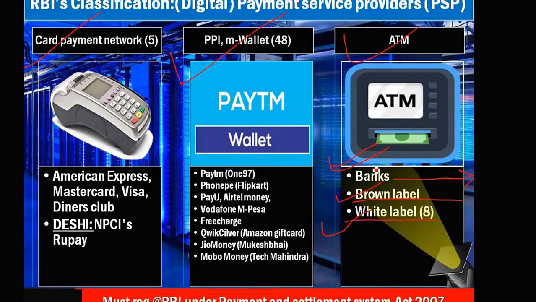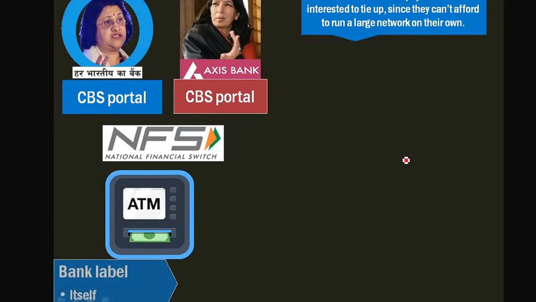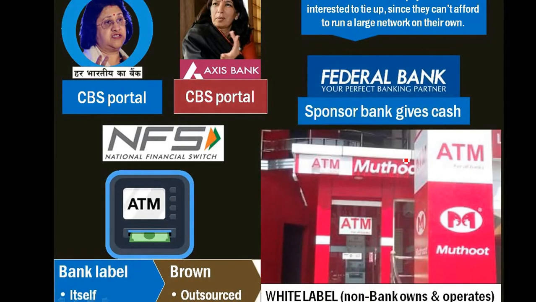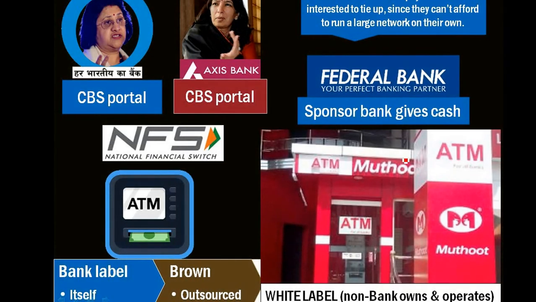And after that we have payment service providers in the form of ATMs, and ATM services can be provided by the banks. If a bank has its own ATMs and provides cash to the general public, then we have a bank ATM.